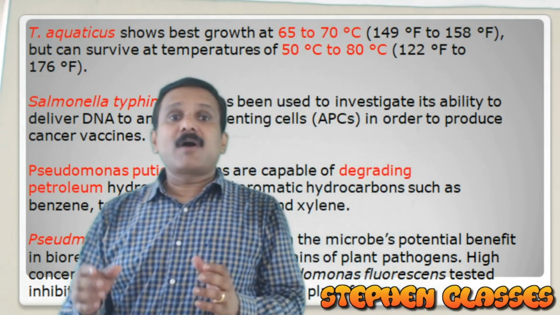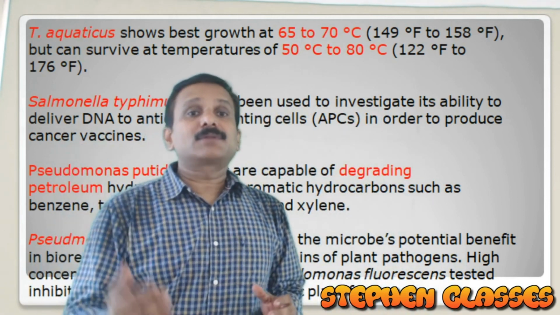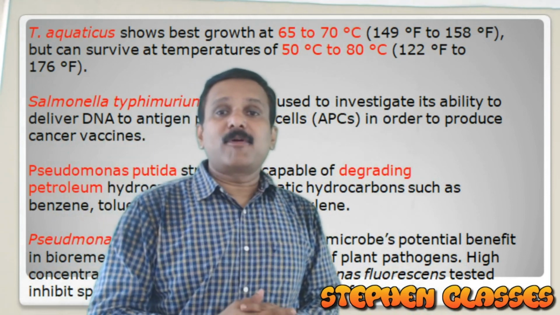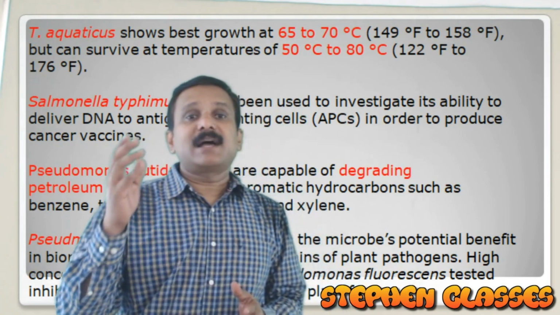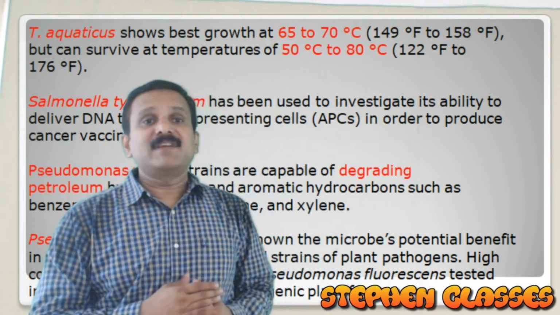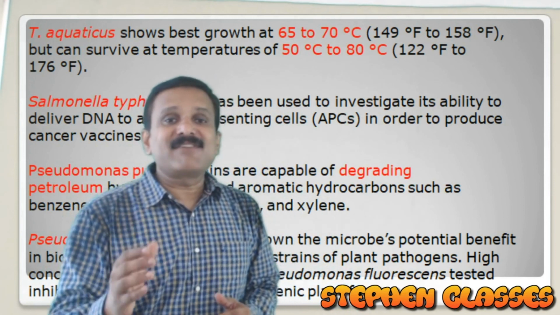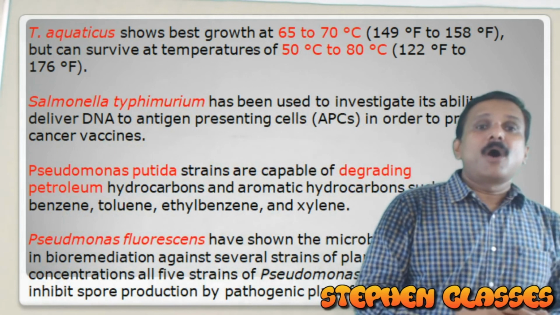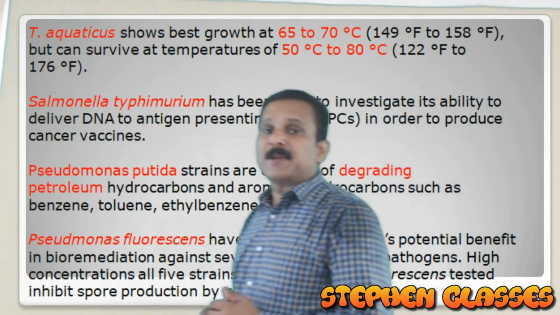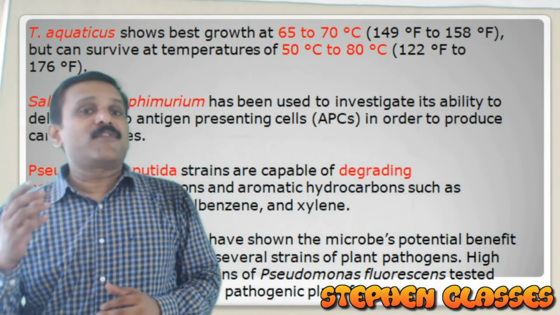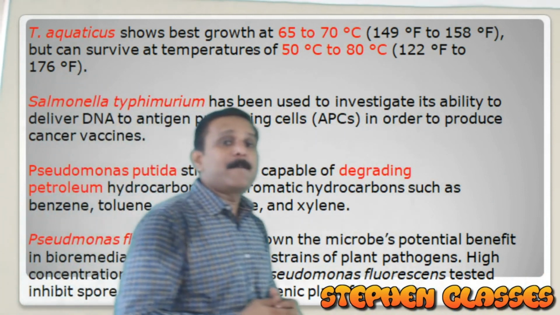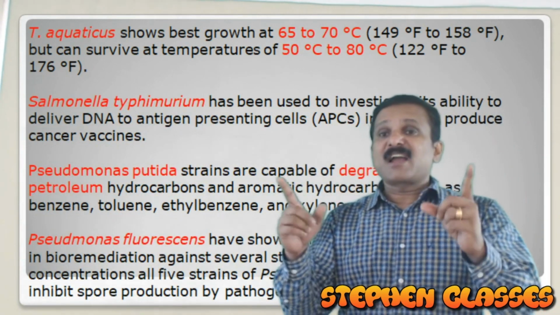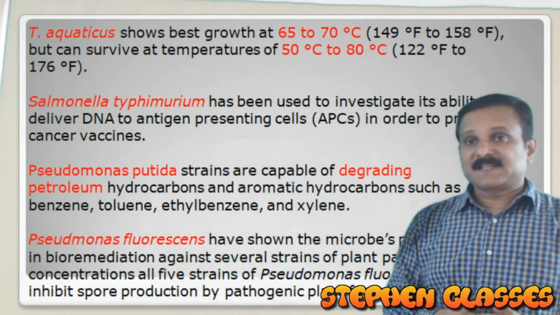This can be used for checking the growth of plant fungus. It has shown microbial potential benefit in bioremediation against several strains of plant pathogens. High concentrations of all 5 strains of Pseudomonas fluorescens tested inhibit spore production by pathogenic plant fungus. So it is able to check fungal growth in plants.